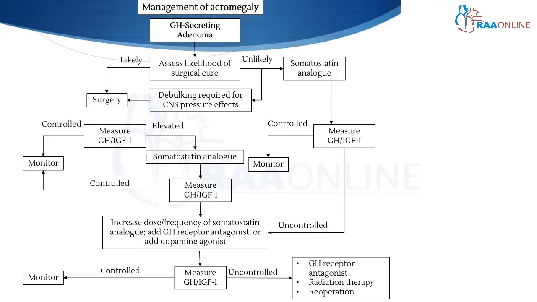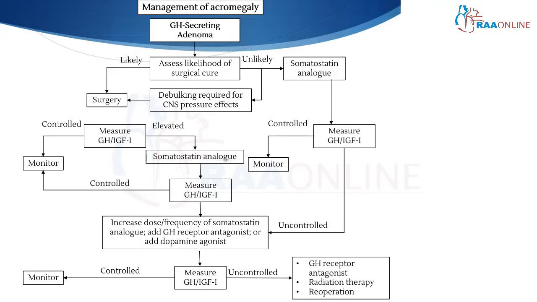If they are high, to offer reduction in symptoms from growth hormone excess, somatostatin analogs may be added and the dose may be optimized. So, once you start off with a somatostatin analog, you can keep increasing the dose. If still desirable effects are not achieved, then you go up and add a GH receptor antagonist, which is pegvisomant. And then finally, you can add a dopamine agonist. That's how it generally works.